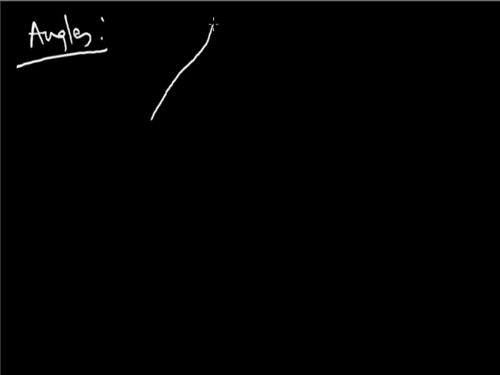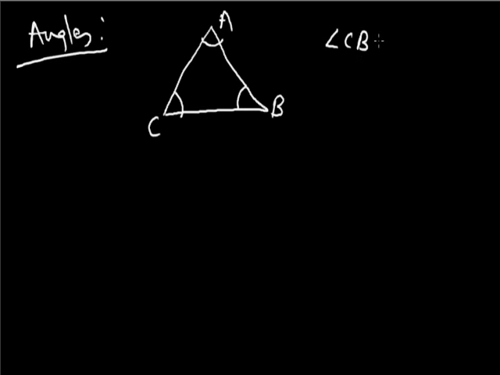So for a triangle ABC, these three interior angles which I am highlighting on the figure, naming the angles as angle CBA, angle BAC and angle ACB. These angles are called the angles of the triangle. They must be the interior angles of the polygon. So angles of a triangle are the interior angles of the triangle.